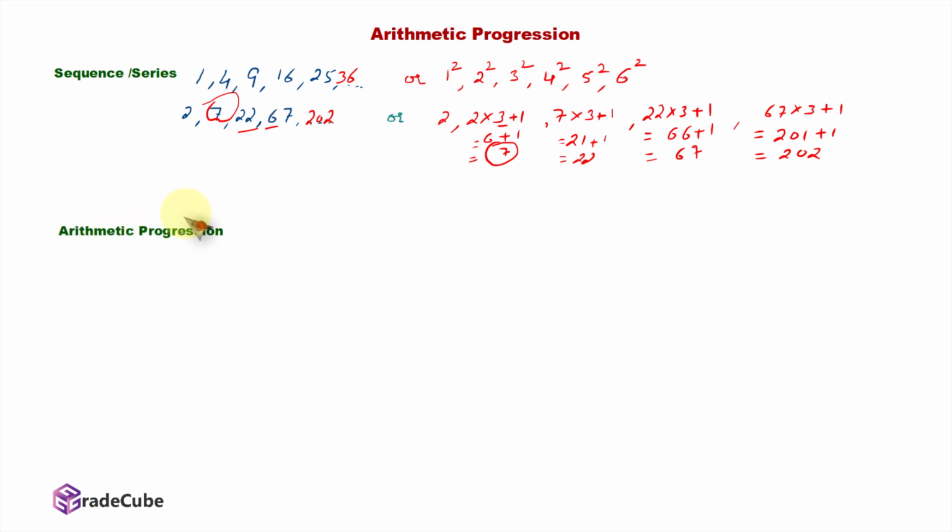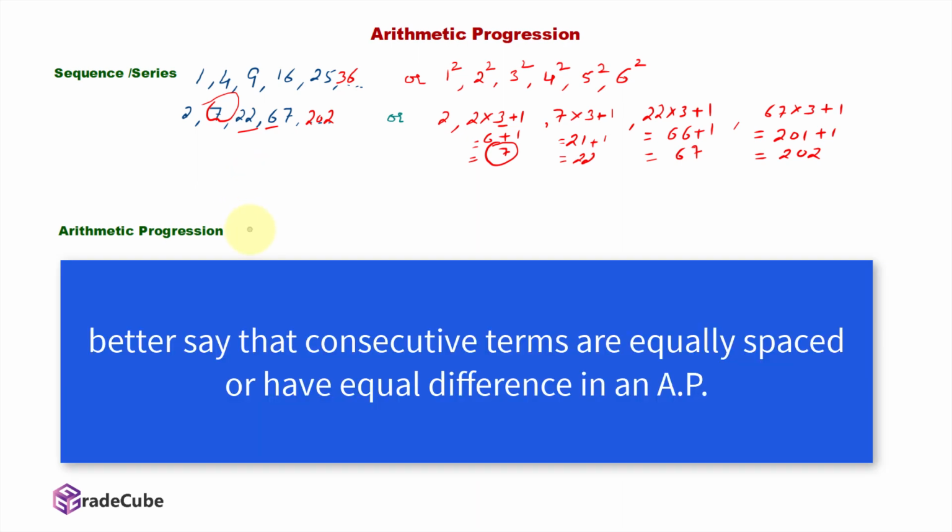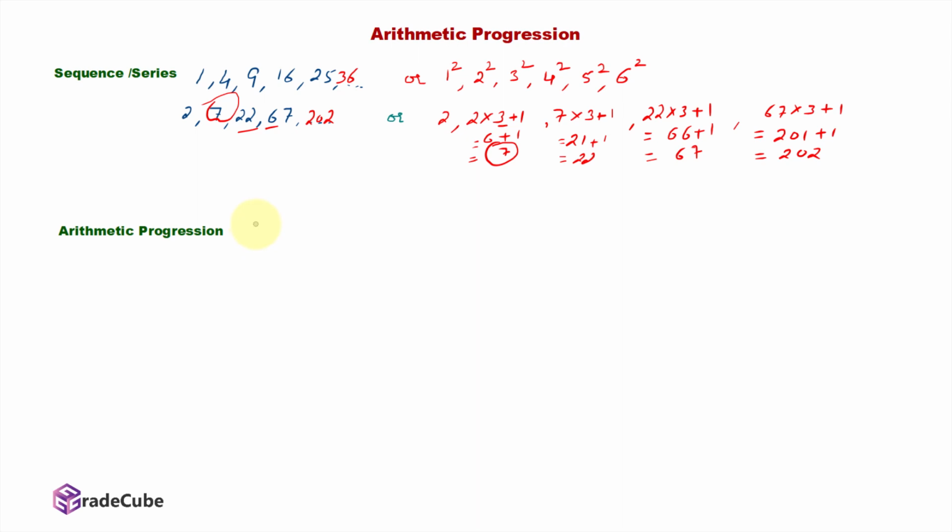Arithmetic progression is a sequence or a series in which consecutive terms have equal spaces or distances between them. To understand that, let us have some examples. First of all, the simplest one, let me write some numbers. And hey, you know that these are the natural numbers.